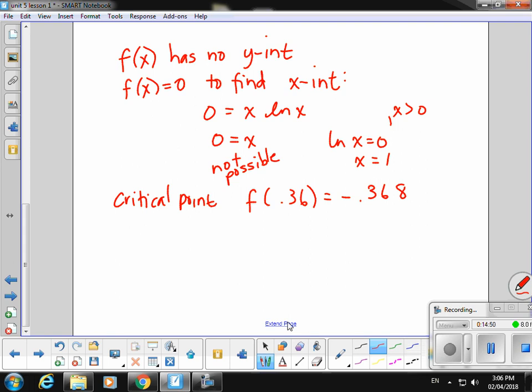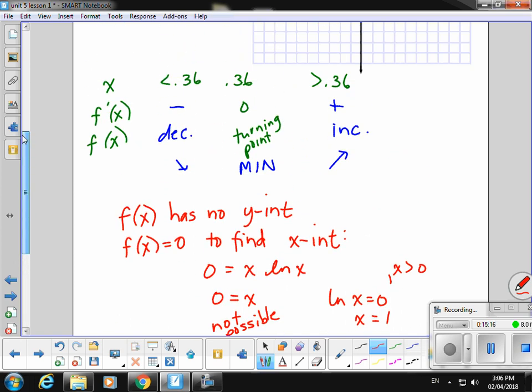Let's include a point to the right and a point to the left. So if I look at the function at 0.2, and if I look at the function at 2, I could do it at 1, doesn't matter. I have values of -0.32 and +1.4. Let's put those values in. So 0.36 is our minimum.